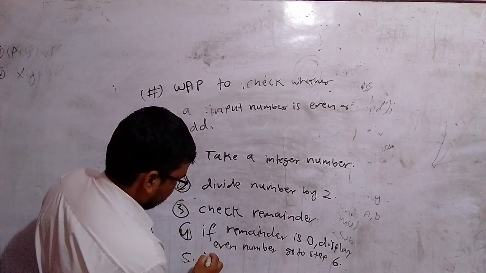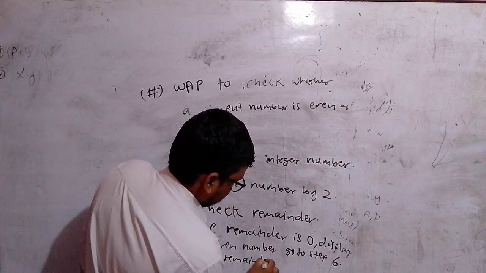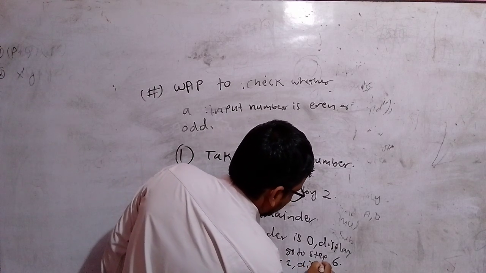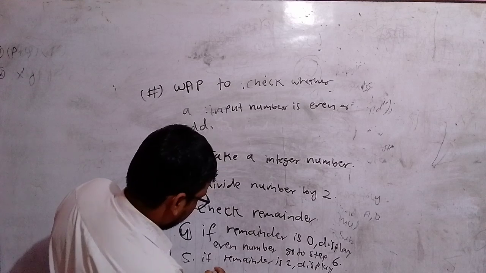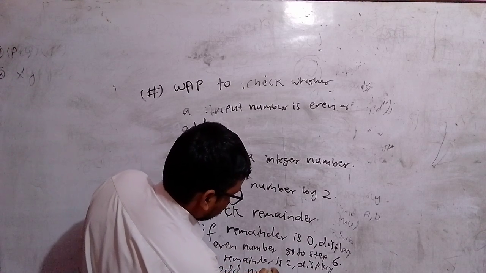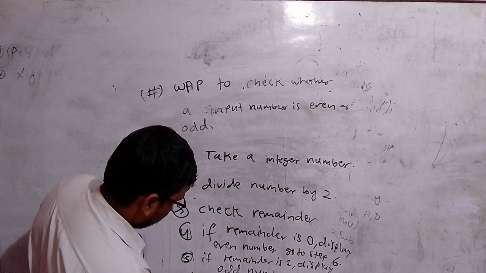Step 5: if the remainder is 1, display odd number. This is step 5, step 6.